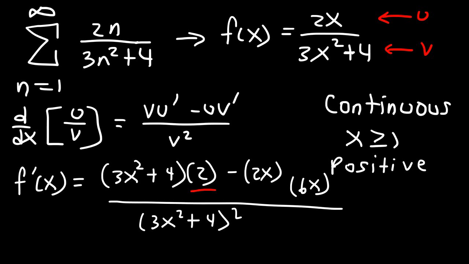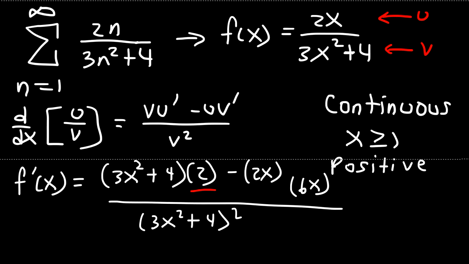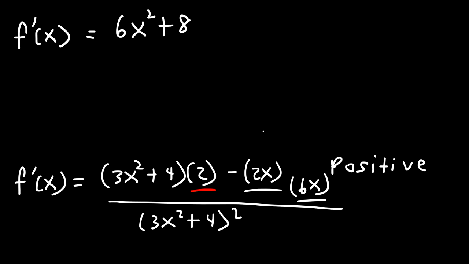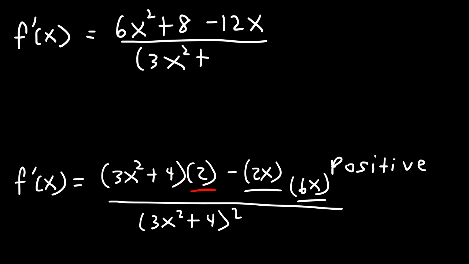So let's begin by distributing the 2. So this is going to be 6x squared plus 8, and then 2x times 6x, that's 12x squared. 6x squared minus 12x squared, that's going to be negative 6x squared.